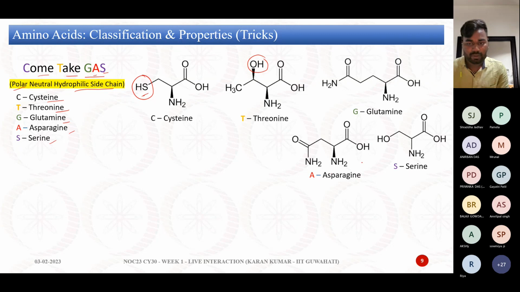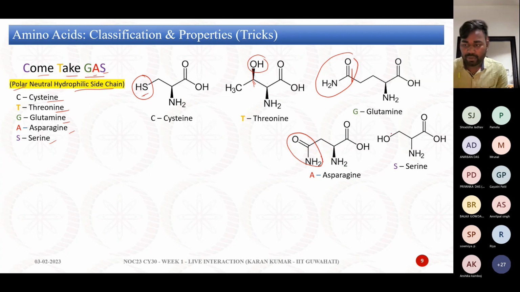Right. So you can remember threonine has an OH group, which is branched at which carbon? If this is alpha, then this will be the beta carbon. At the beta carbon, you have the OH group. In cysteine, at the beta carbon, you have the SH group. Then glutamine has this amide group, and similarly asparagine also has an amide group, CONH2.